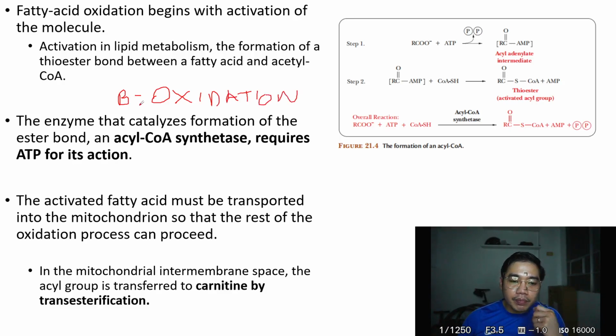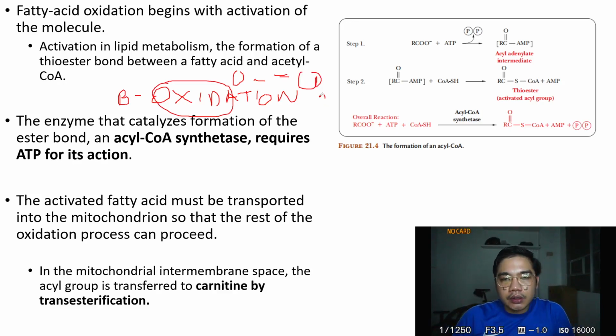The problem with beta oxidation is, from the name itself, oxidation, meaning you need to have oxygen for it. And when you need an oxidation reaction to happen, most of the time it produces carbon dioxide. Example, jogging or sprinting.